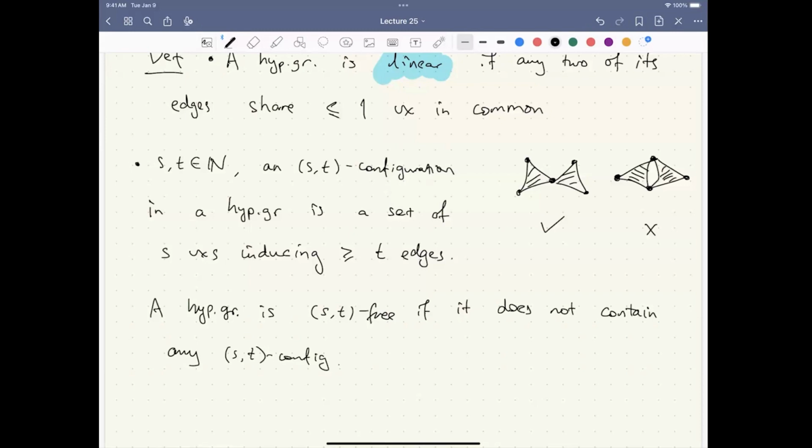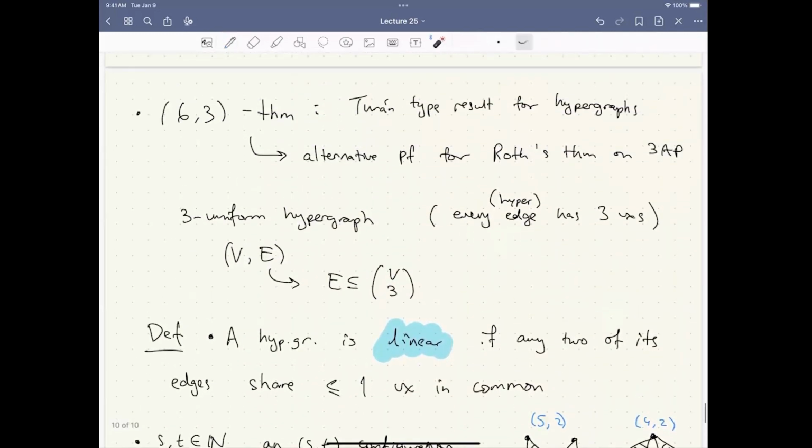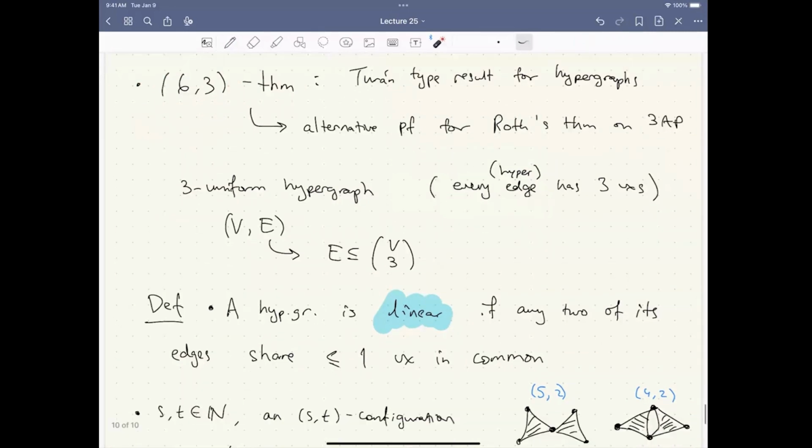Okay, so for example, this guy is a 5-2 configuration. This guy is a 4-2 configuration. And the 6-3 theorem is saying if we forbid 6-3 configurations, then the graph cannot have too many edges.